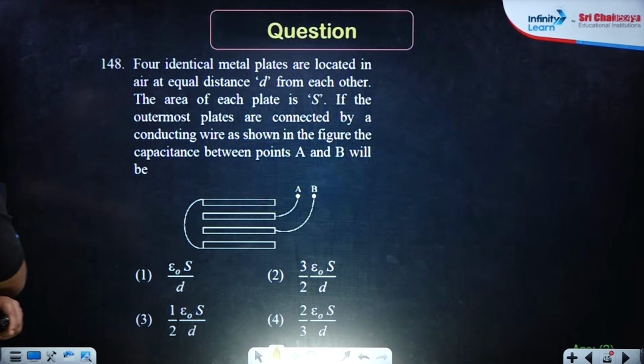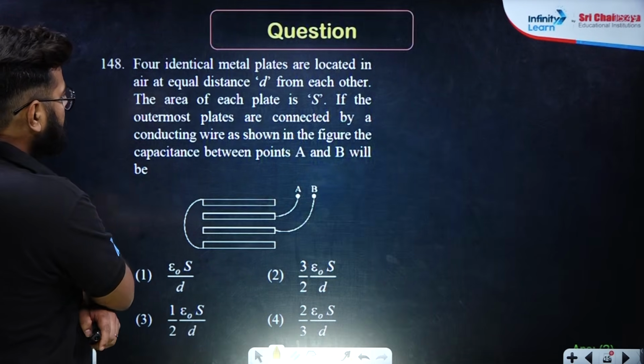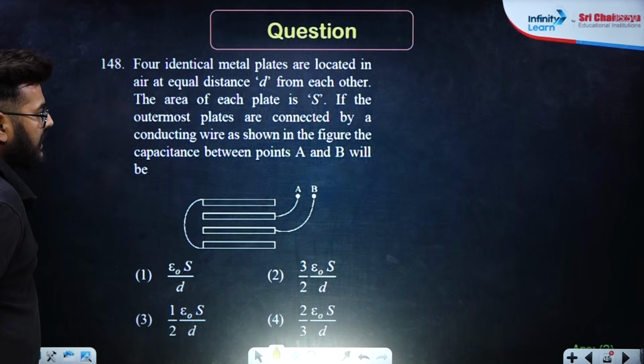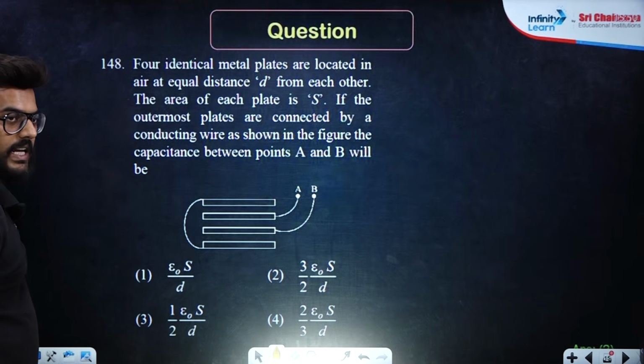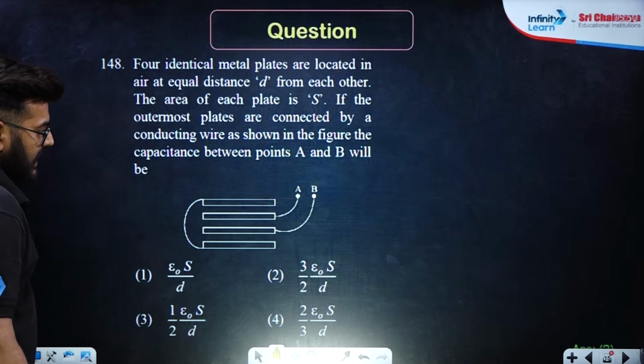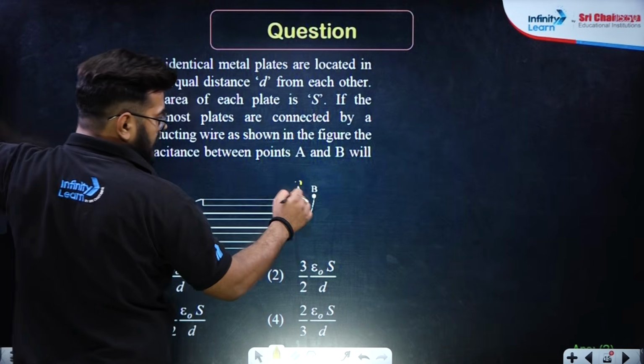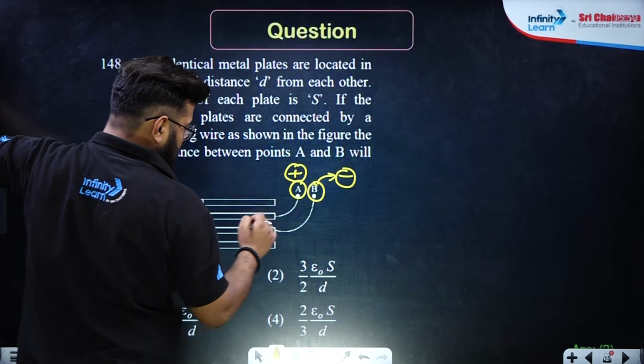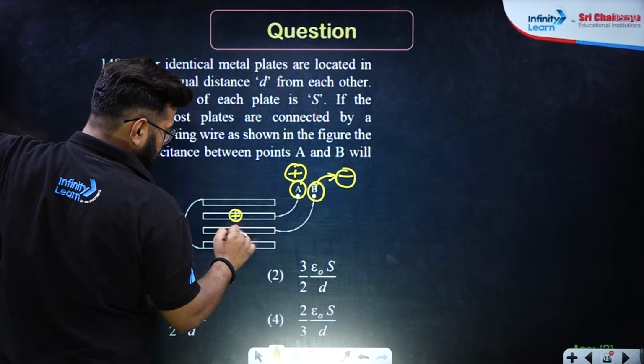Four identical metal plates are located in air at equal distances d from each other. The area of each plate is S. If the outermost plates are connected by a conducting wire as shown in the figure, the capacitance between points A and B will be. So between A and B, consider A as positive, B as negative. So this plate becomes positive, this plate becomes negative.